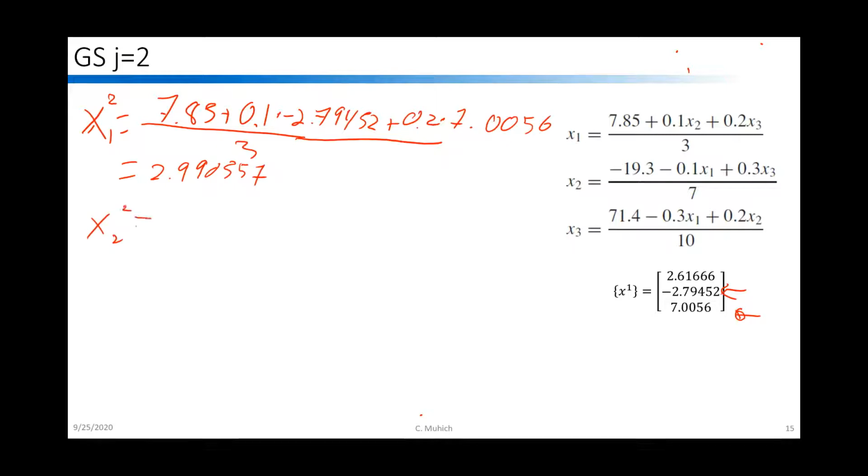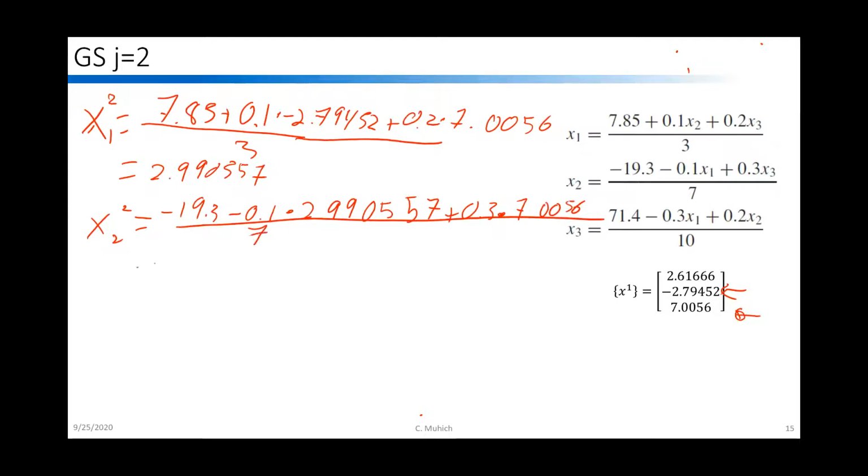We have round 2 of x2, which is negative 19.3 minus 0.1. Once again, we're going to use our new value of x1 and our old value of x3. And we can calculate that all out to give us our new value of x2, which is negative 2.49962.